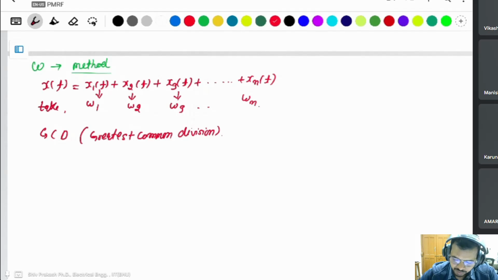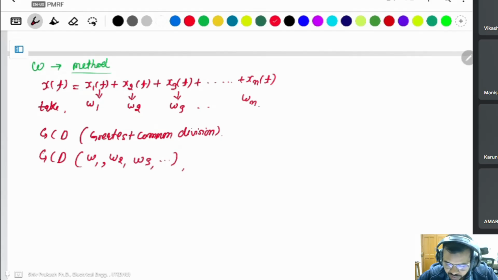Same thing, if you take the GCD of omega 1, omega 2 and so on, these are also in the form of P by Q, integer form. If you find the GCD, then we directly say the GCD is the net omega, and this is the fundamental frequency.